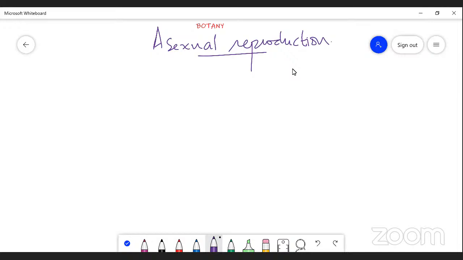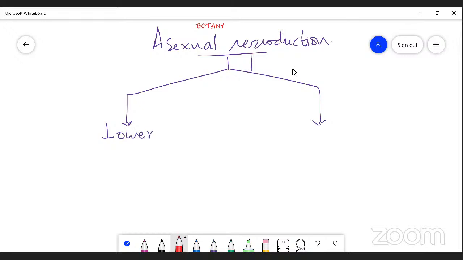First of all, let me take asexual reproduction. Asexual reproduction takes place in all organisms, especially in lower organisms. Generally, it occurs in lower plants or lower organisms, and sometimes it also occurs in higher organisms. So first of all, let me take the lower organism.